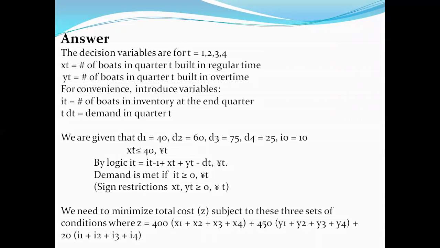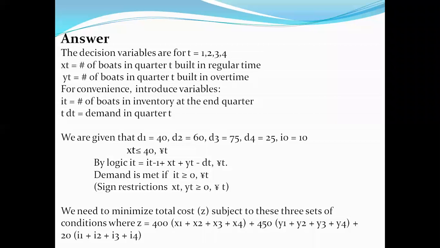So demand met is definitely greater than or equal to 0, because 40 needs to be manufactured, and due to overtime another amount will increase further. The sign restrictions are that both x and y values will definitely be greater than 0. Hence the additivity concept is also applied, and moving on to divisibility and certainty.